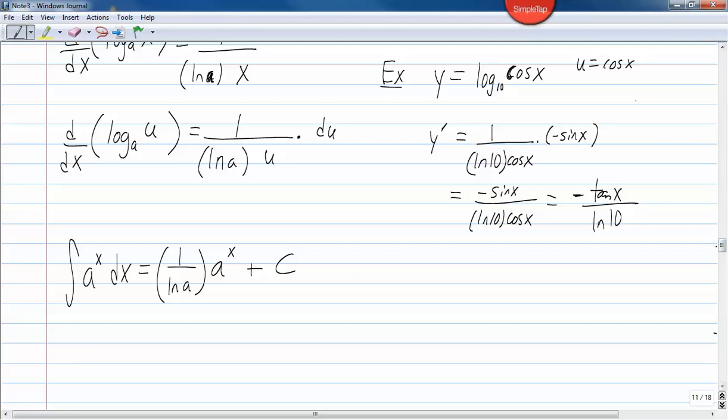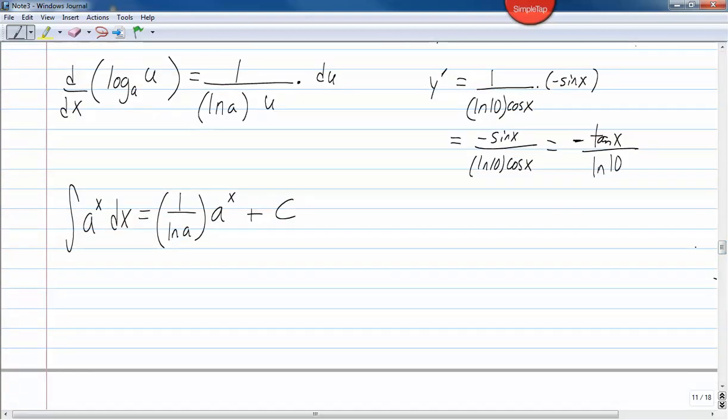So if I wanted to integrate 5 to the x, that's going to be equal to 1 over natural log of 5 times what? 5 to the x plus c. How is that different than the derivative?